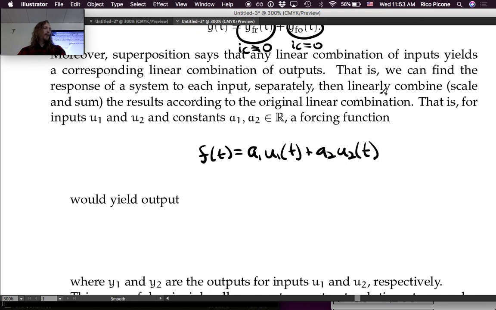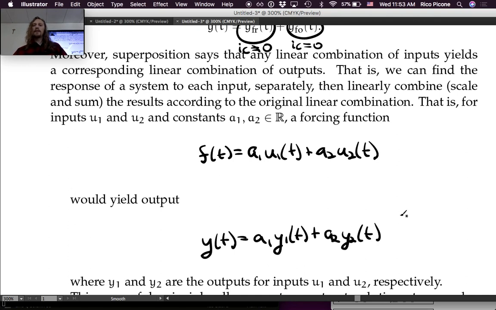It would yield an output equals a1 times y1 of t plus a2 times y2 of t. y1 is the output of the system to input u1.